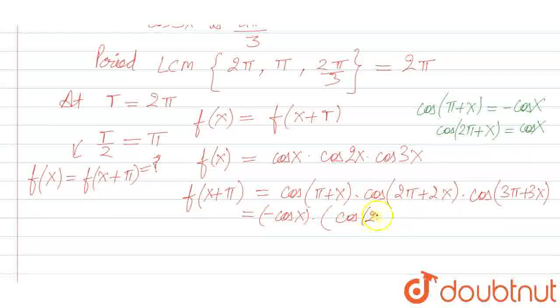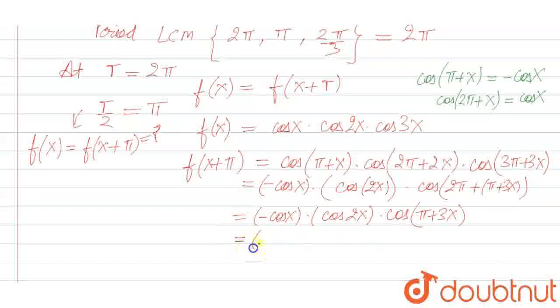So cos of pi plus x becomes minus of cos x, and cos of 2 pi plus 2x is cos of 2x, into cos of 3 pi plus 3x, which can be written as cos of 2 pi plus pi plus 3x, and cos of 2 pi plus theta is cos theta, so this becomes cos of pi plus 3x.